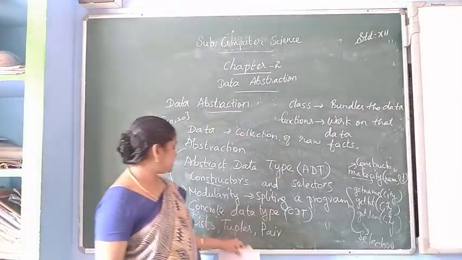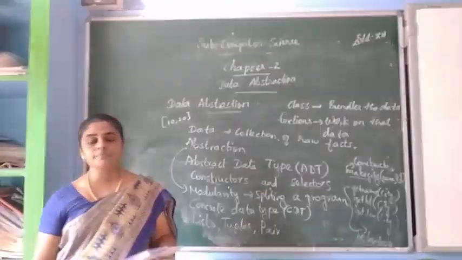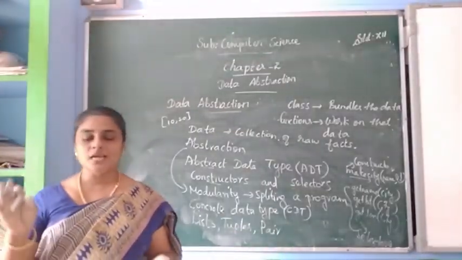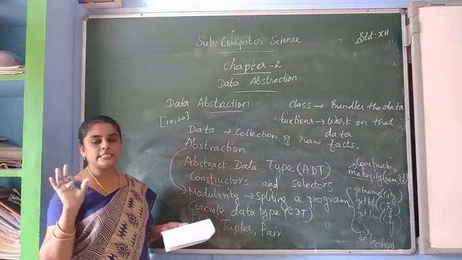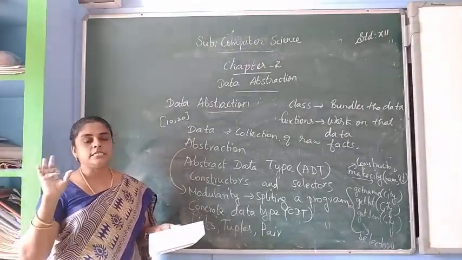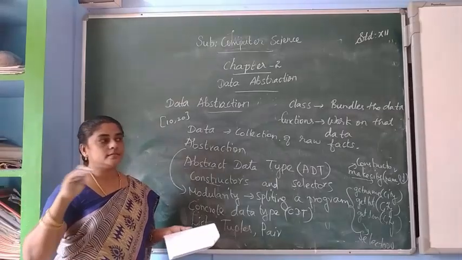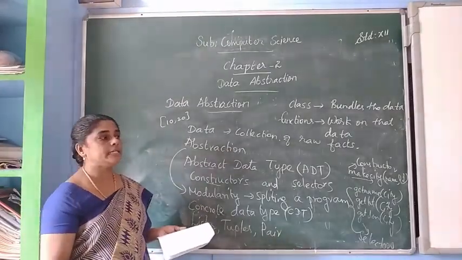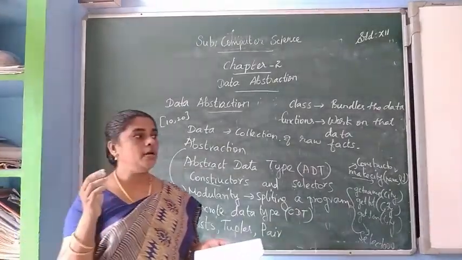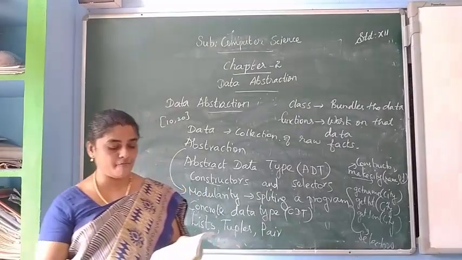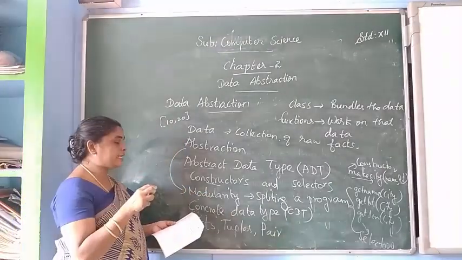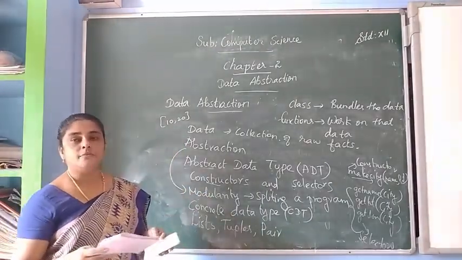The next one we studied, tuples. A tuple is a comma separated sequence of values surrounded with parentheses. The last one, pair. That means any way of bundling two values together into a set is known as a pair.